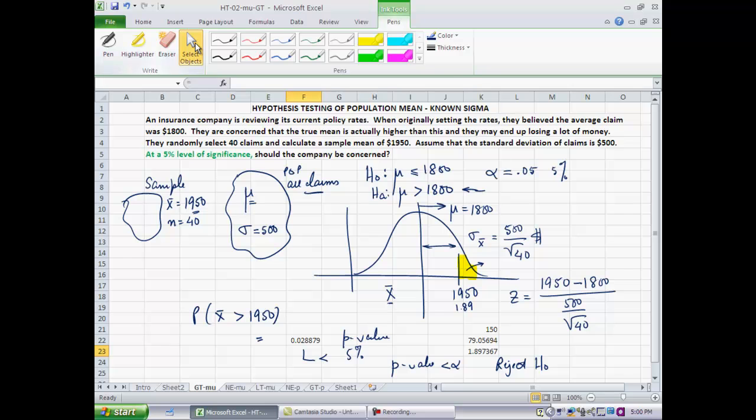That is called the critical value method, and maybe in the next problem that we solve, we will use that. And both should give you the same result. So the end result of the exercise here is that we would reject the null hypothesis and conclude that yes, the insurance company should be concerned. The sample data appear to indicate that the average claim amount, the population mean, has gone above $1,800.